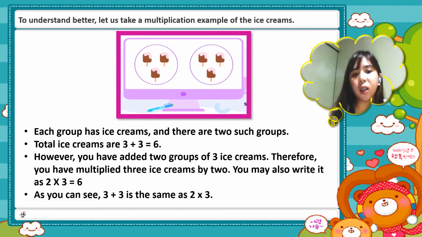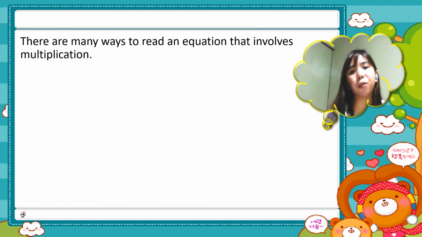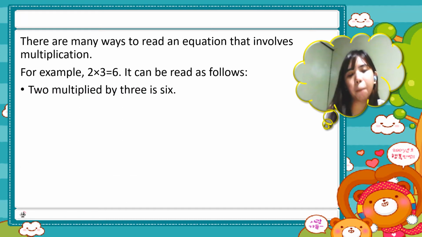So as you can see, when we say 3 plus 3, it is the same as saying 2 times 3. So you are still getting the same result. Take a look at this one. So there are many ways to read an equation that involves multiplication. For example, 2 times 3 equals 6 can be read as follows. Pwede mo siya hambalon nga 2 multiplied by 3 is 6.